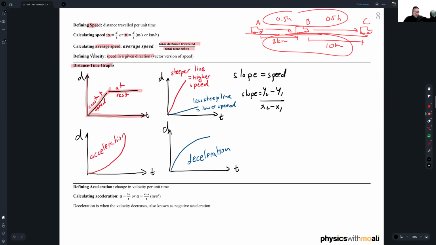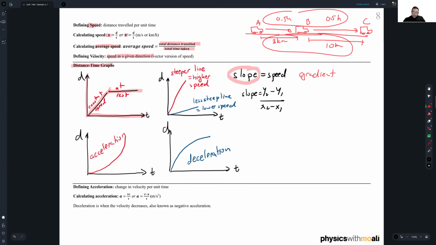Before I continue any further, one of the most important properties of any graph is the slope, or what we call the gradient of the graph. The gradient or the slope is the angle of that line. The steeper the line is, the higher the gradient. The less steep the line is, the lower the gradient. How do we calculate that slope?